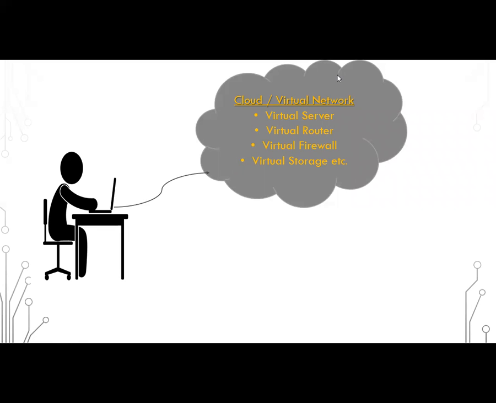Your Facebook is in cloud. Means the data which is not available with you in your device, if it is available at some other location, then it is cloud actually. So I'm using Gmail account from 2005. I have created my first Gmail account in 2005. That means from 2005, I'm using cloud.